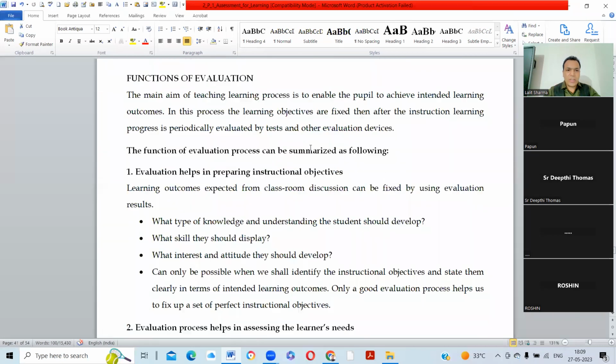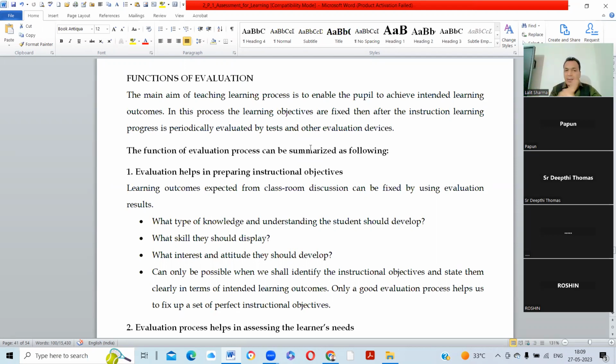Then the functions of evaluation. The functions or purpose were the same. In the first question answer we did enough. The question was, what is the meaning and purpose of evaluation, and what is the role of evaluation in the teaching learning process?